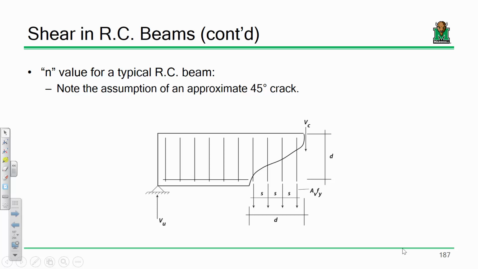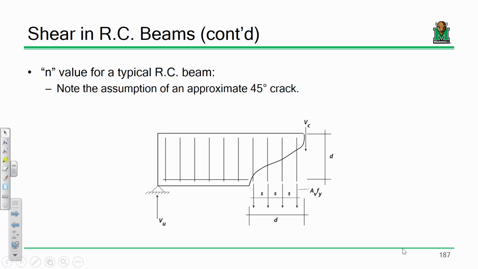Now remind me, this dimension here is still 24 inches from the top of the beam to this reinforcement. And let's take a look at this region here. If I assume that's 45 degrees, this is also going to be 24 inches, right? From that point to the top of the section, right?